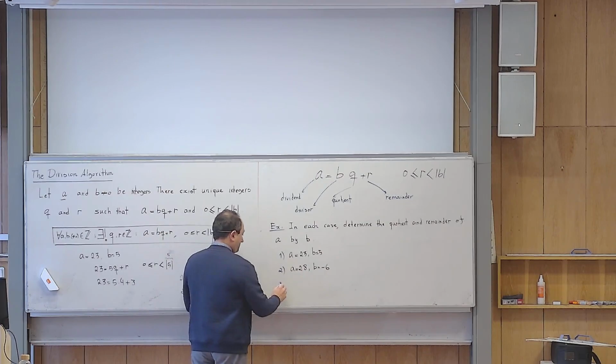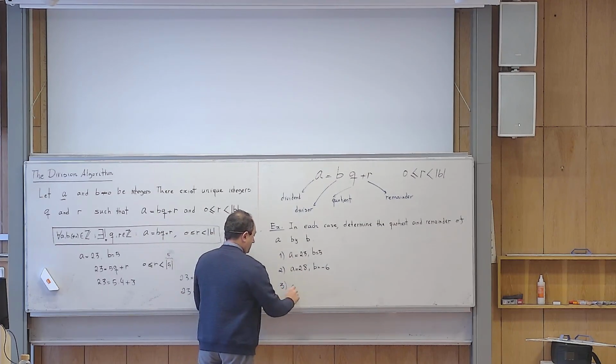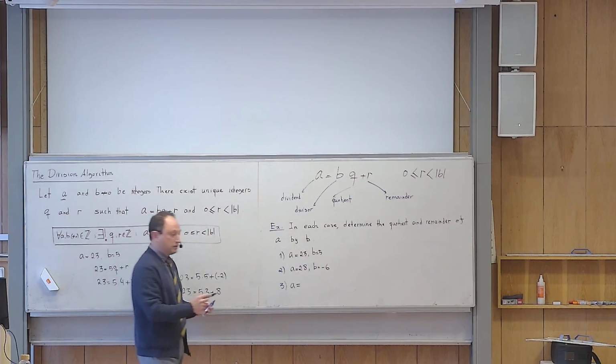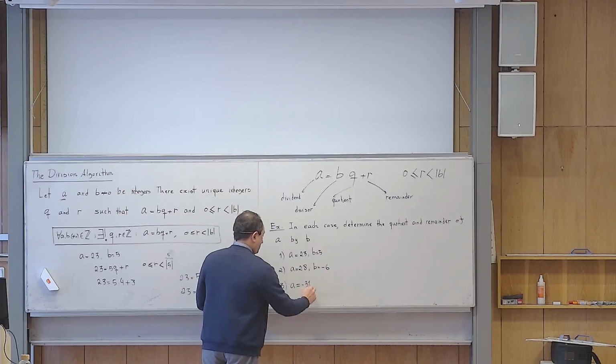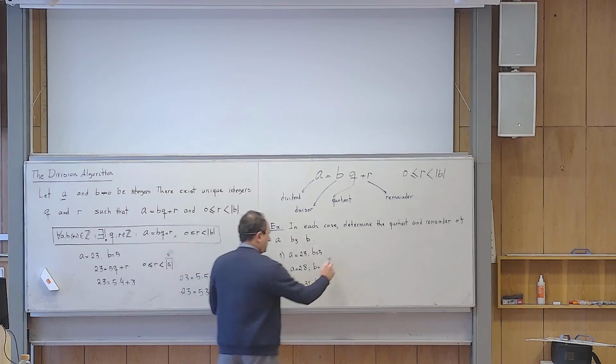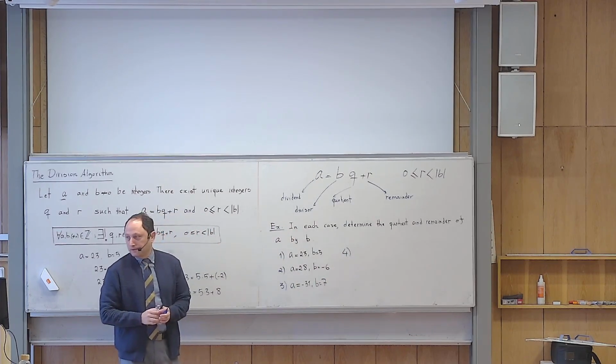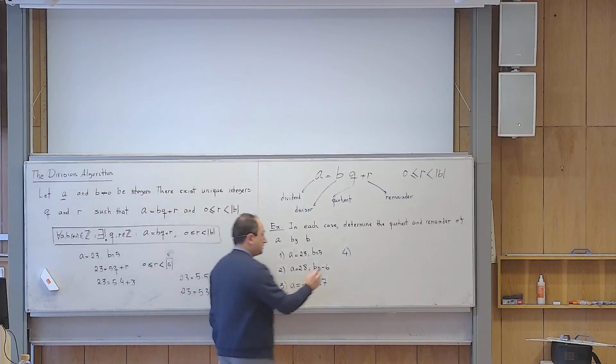Number 3, you don't need to wait for me, you can start doing them as I am writing. A is minus 31, B is 7, and then minus 25, minus 3.